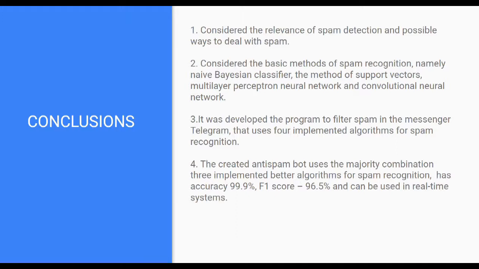The created Antispam bot algorithm uses the majority combination of three implemented algorithms for spam recognition. It has an accuracy of 99.9% and an F1 score of 96.5%, and it can be used in real-time systems.